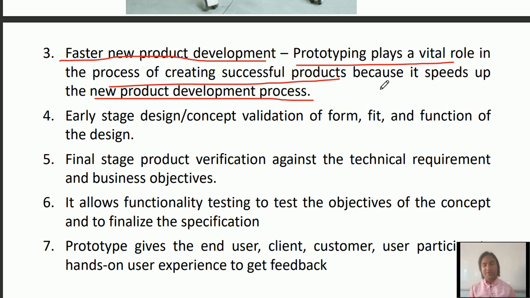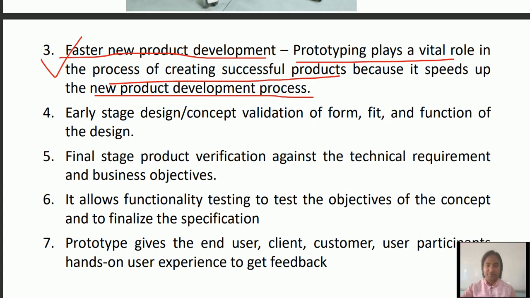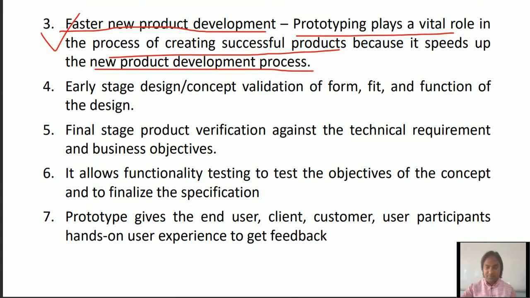You can combine two or more concepts in a single idea and a single design, and then you can test the product also. So in this way, RP with the help of 3D printing is helping the designer, manufacturer, and company in many ways.